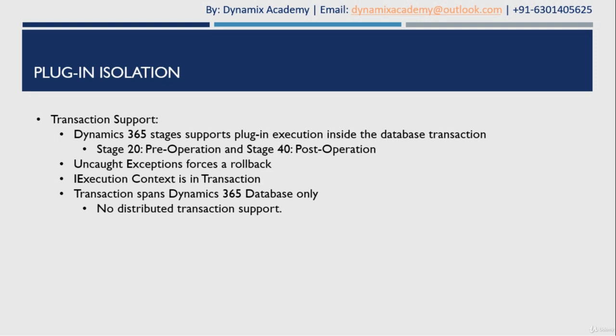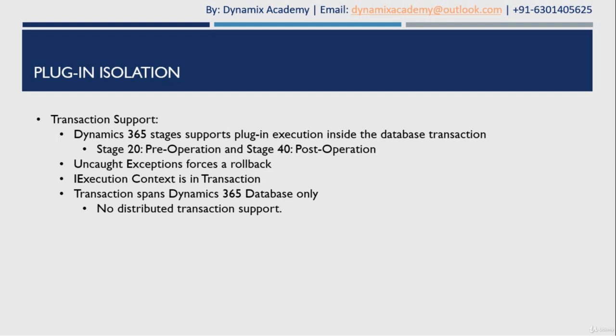if within your plugin code you are making updates to a third party database, and after that updation certain errors occur or any exception is raised, then it is not going to roll back the operations that have been performed on the third party database from your plugin code.